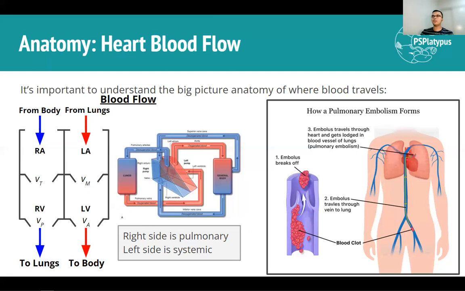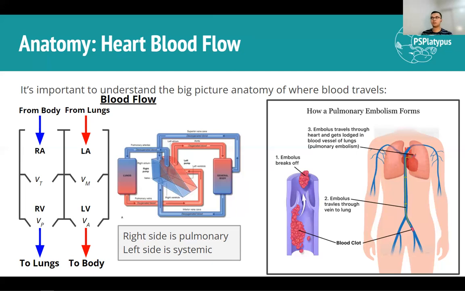And then if you remember, from the body, they're going to enter the right atrium, through the tricuspid valve, into the right ventricle, out the pulmonary valve, and then be sent to the lungs, where in the lungs, they're going to be stuck in the pulmonary capillaries. And what that means is perfusion to the lungs is now poor. And so that's what we call a pulmonary embolism.